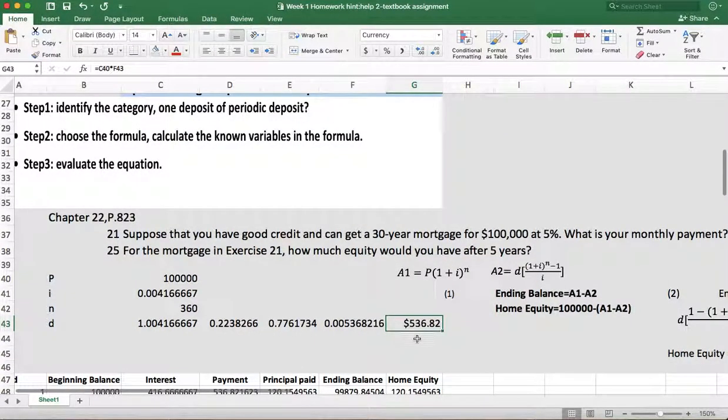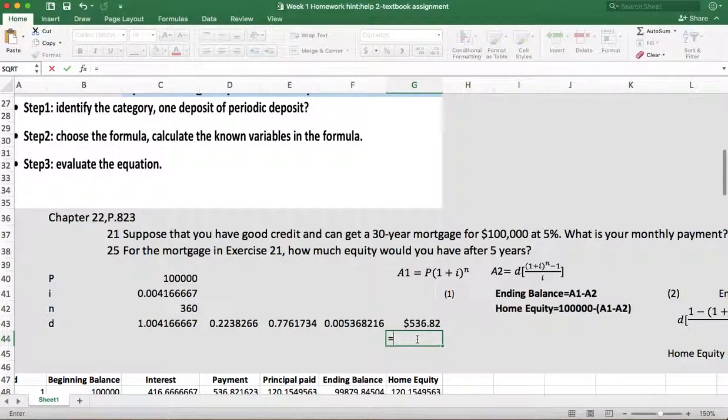Actually, we can do it using an Excel formula. Equal PMT. Oh, I forgot to change into equal PMT, the monthly payment function in Excel.